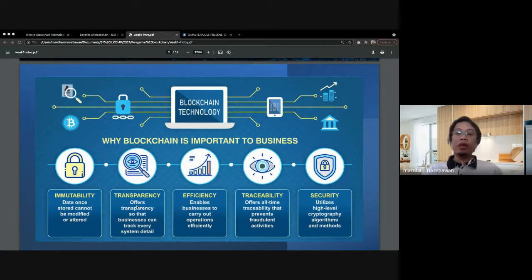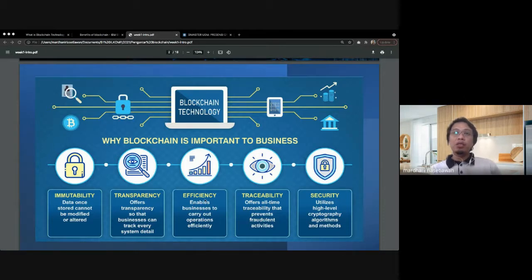Every person, every user, every party connected with the blockchain system has the opportunity to see what happened in the system based on the log. So transparency works this way, and that is a good thing.